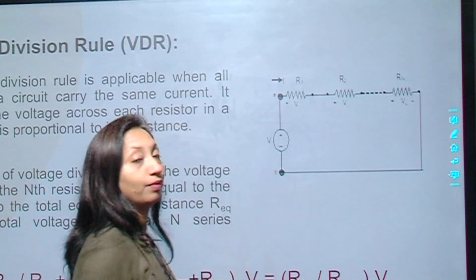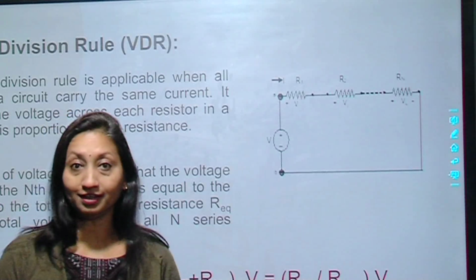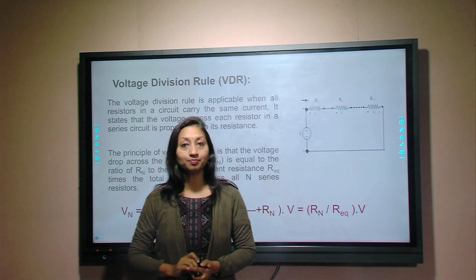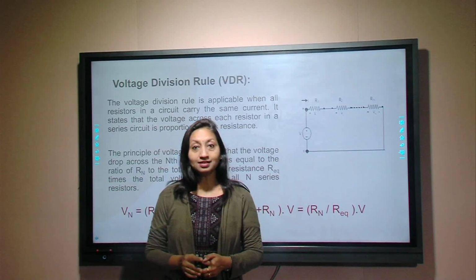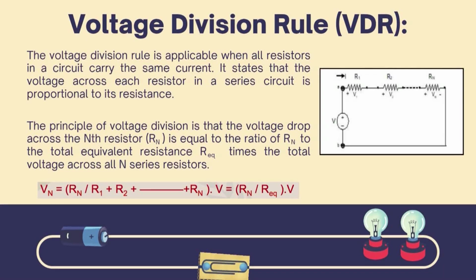So Rn resistors are connected. The voltage drop across the nth resistor is equal to the ratio of Rn to the total equivalent resistance, Req, multiplied by the total voltage across all the n series resistors.